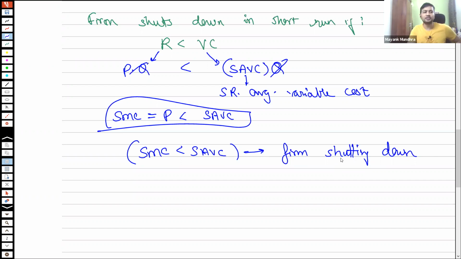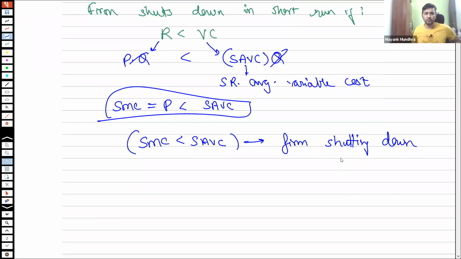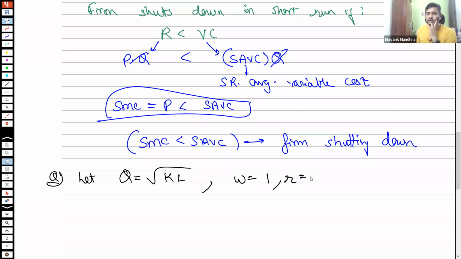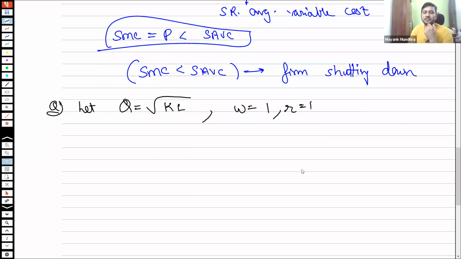Okay, so let's do a problem here. Let the supply function be quantity equals under root KL. Wage rate is 1, rental rate is 1. I'm making this easier for you guys.